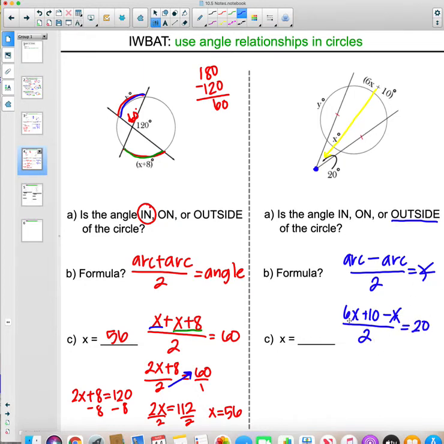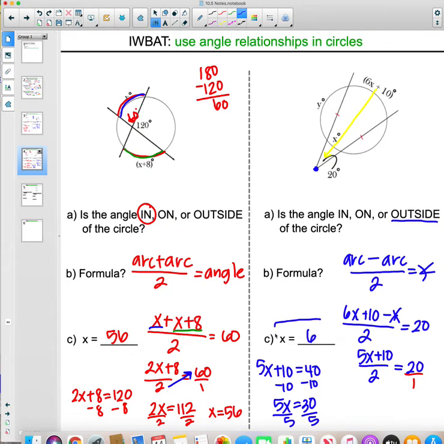So let's combine like terms. So 6x minus x is 5x plus 10 divided by 2 equals 20. I'm going to make it into a proportion here so I can cross multiply. So I'm going to do 2 times 20. So we get the 5x plus 10 equals 40. Subtract 10 from both sides. Get 5x equals 30. Divide by 5. And we'll get x equals 6.